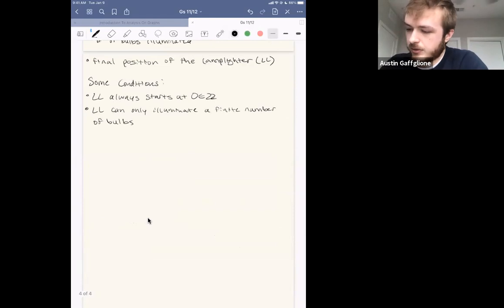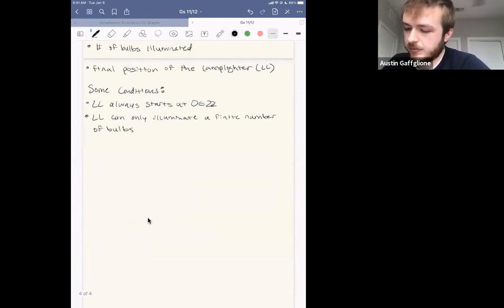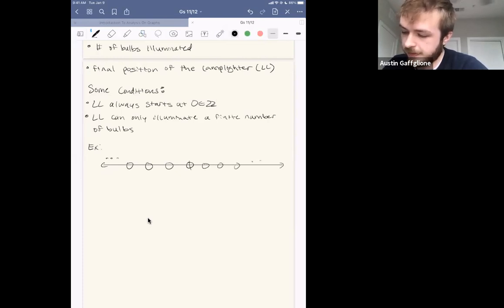Now I can give you an example of a lamplighter picture. So maybe another example is the following. I have this bi-infinite street. I have the bulb indexed at 0, say -1, -2, -3, and so on. And then 1, 2, 3, and so on.